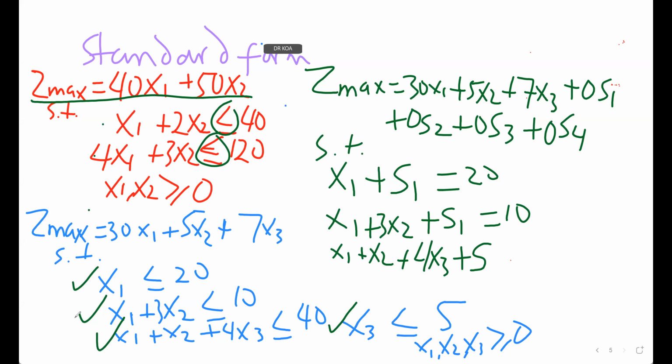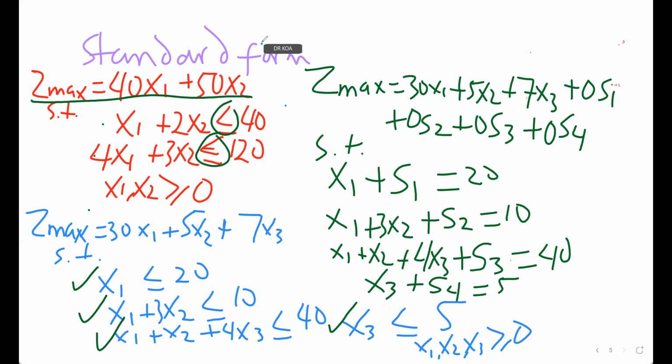The second one is supposed to be s2, not s1, so this one is supposed to be s2. Then the last one is x3 plus s4 equal to 5.